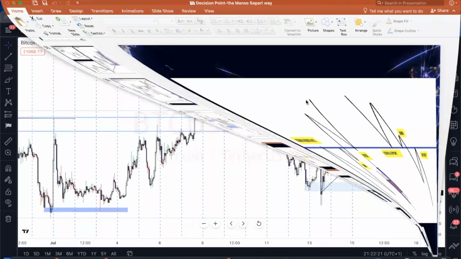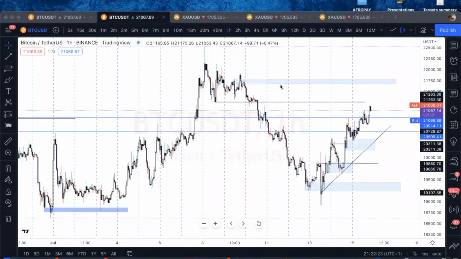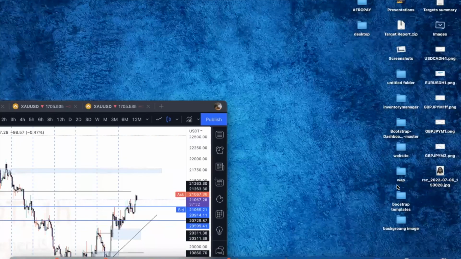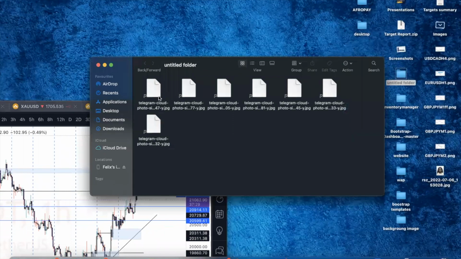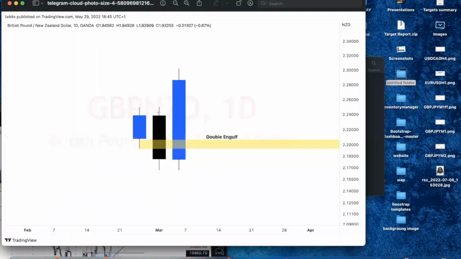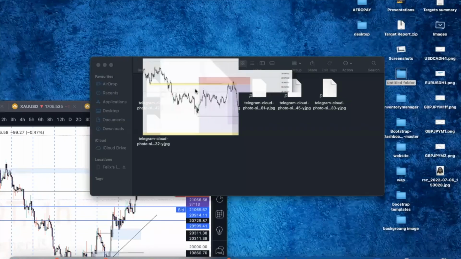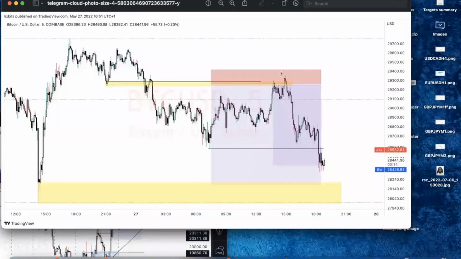All right, so I'll come back to this chart. I want to show you some images. This is a double engulfing. We'll talk about this later. Not this one. This is an SNLC1.